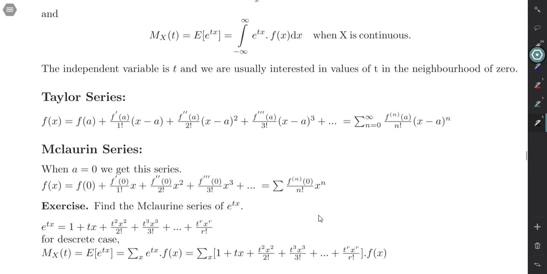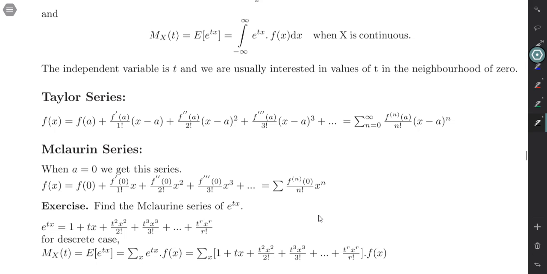Recall that the Taylor series expansion of a function f(x) is given by this expression. This summation can be written as the sum of n going from 0 up to infinity, f to the power n, which is the nth derivative of f evaluated at a, divided by n factorial, times (x minus a) to the power n.